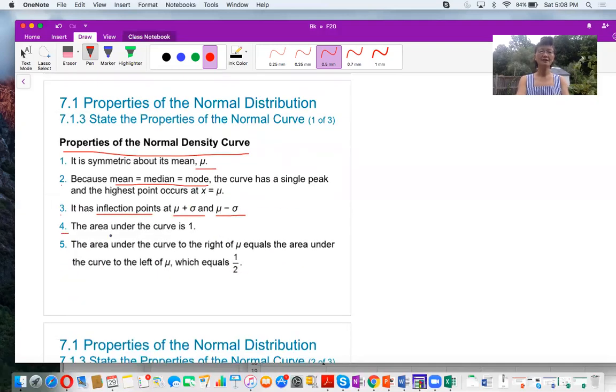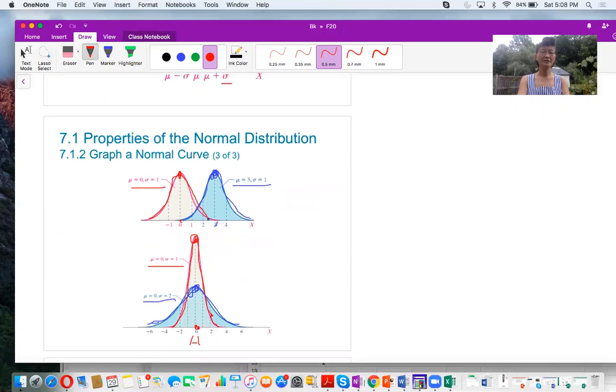Number 4, the area under the bell-shaped curve is 1.